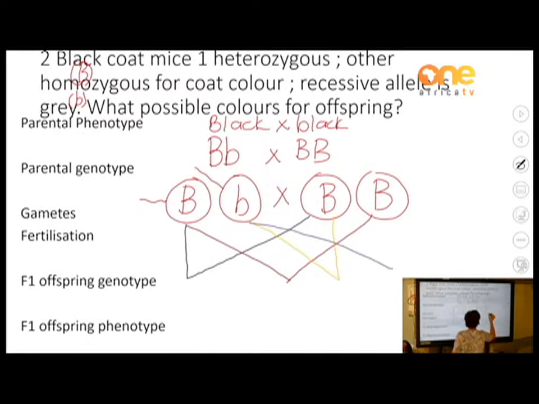This is all possibilities. Now, each time when there is intercourse, this is the possibility that can take place.